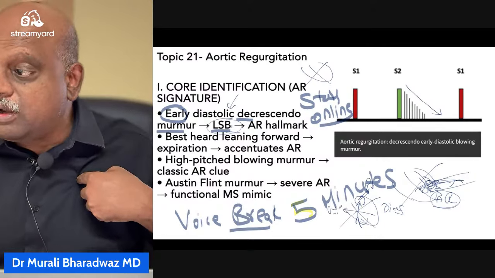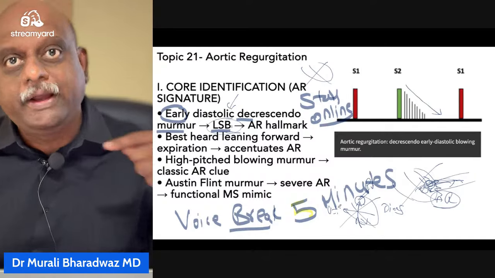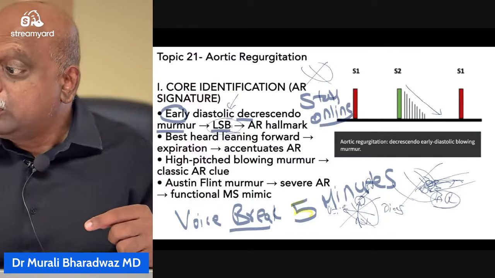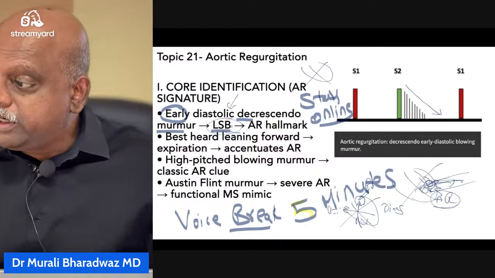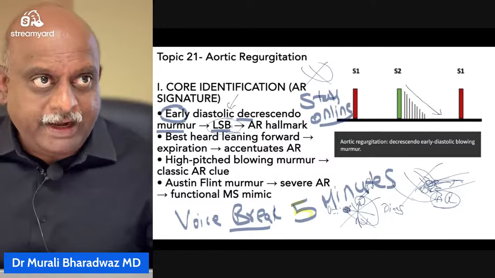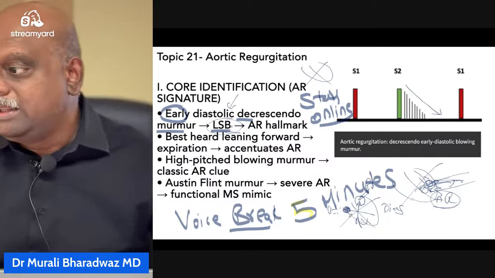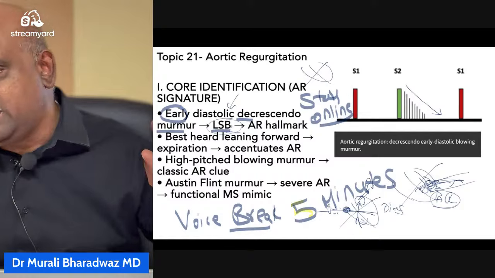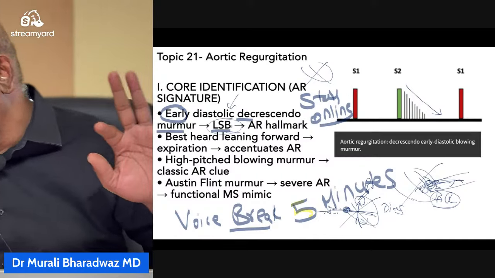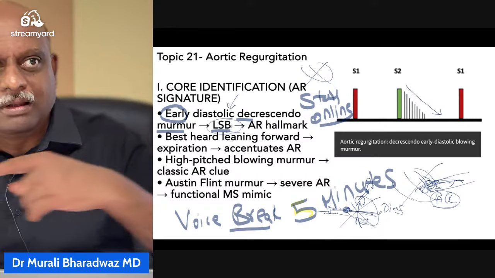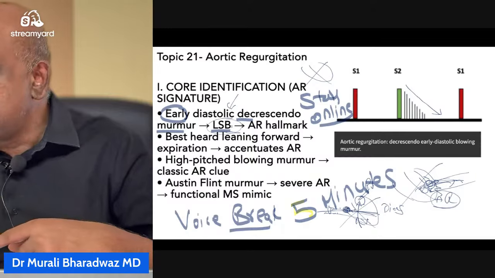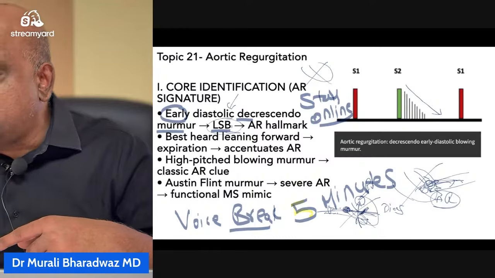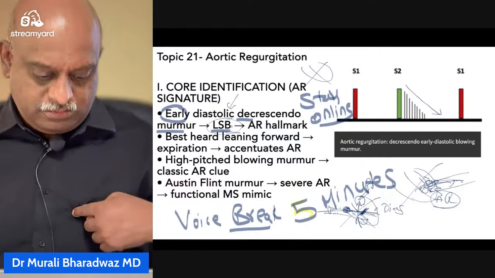Right second intercostal space is the aortic valve. So you expect the aortic regurgitation murmur somewhere on the right side, but that is not so. The regurgitant jet is moving back into the left ventricle.